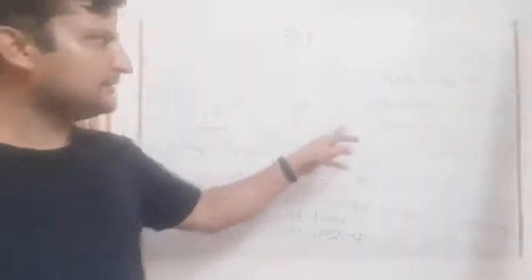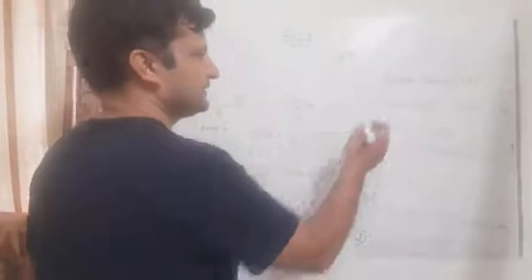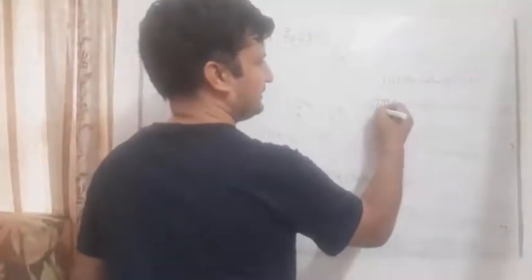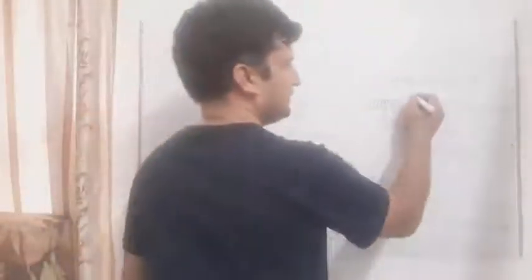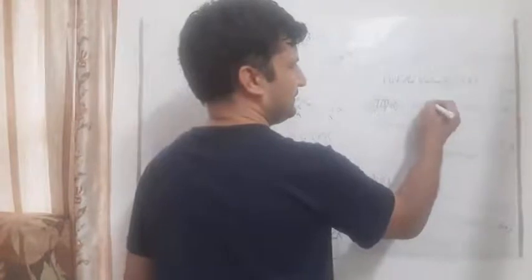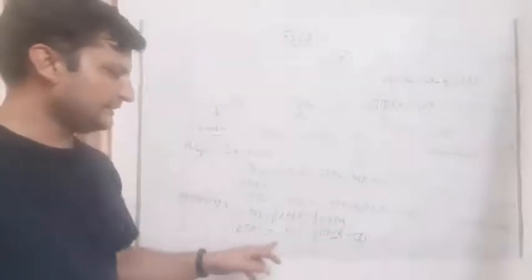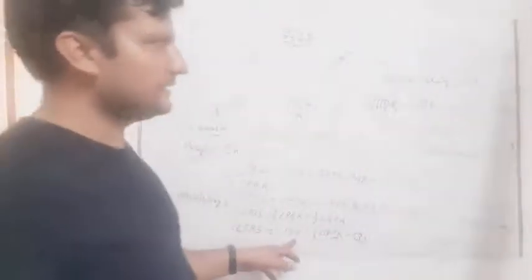TRS की वैल्यू कितनी है देखिए, आपके एंगल TQR plus angle QPR. So here angle TQR plus QPR की वैल्यू यहाँ पे लिखी, it is equal to angle TQR plus half of angle QPR plus half of angle QPR.